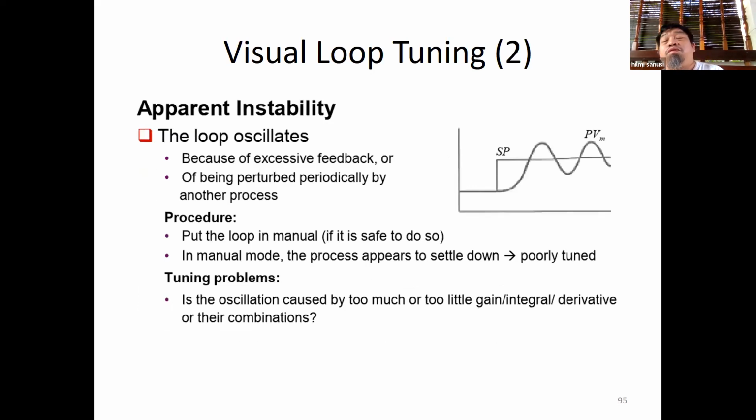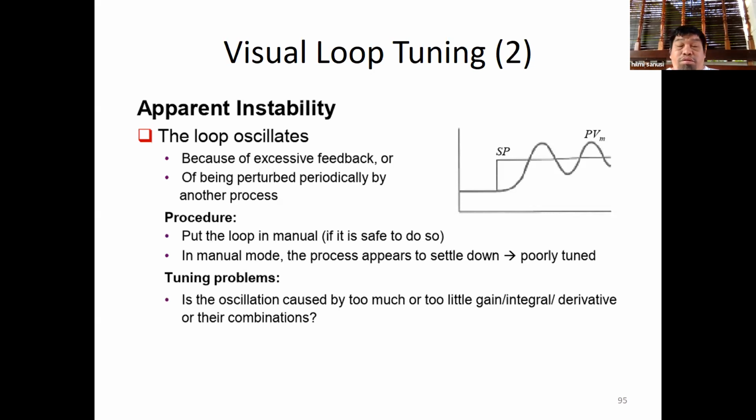So first you look for instability. Dia ada oscillation ke tak? If there is an oscillation because of excess feedback or being perturbed previously by another process, the procedure is to put the loop in manual, and then in the manual loop the process appears to settle down.